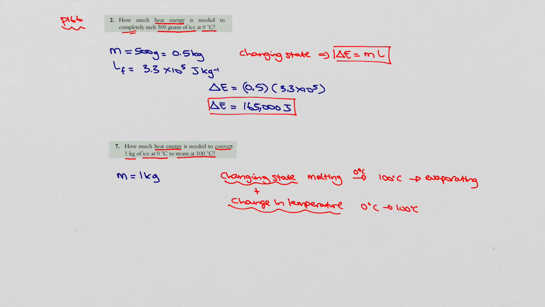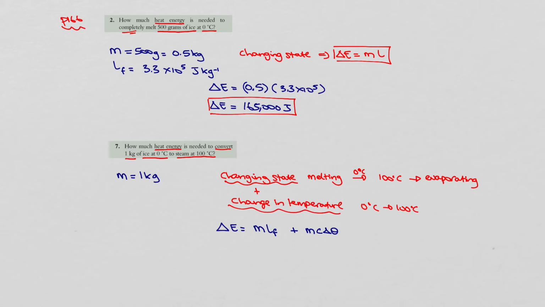Because we have a changing state, our heat energy needed must be the heat energy required to melt all of the 1 kilogram of ice. That's going to be M times L, and because it's melting, it's the specific latent heat of fusion. We then have a change in temperature, so that's going to be MC delta theta.